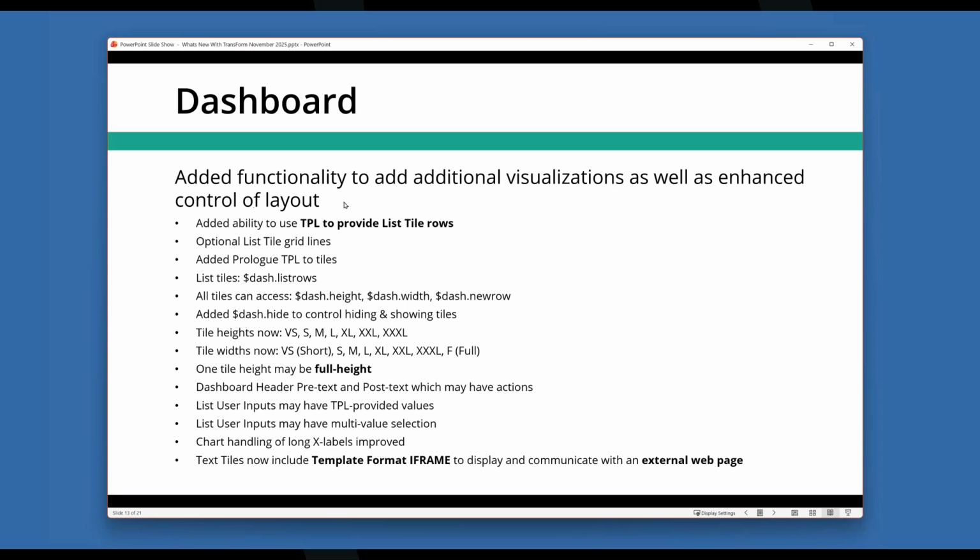We are realizing that one of the major advantages of TransForm over other form systems is our dashboard, the analytics, and the ability to use it as a control panel to do operations directly from a dashboard with dynamically filtered lists and different visualizations. That was guiding the type of features we've been adding.